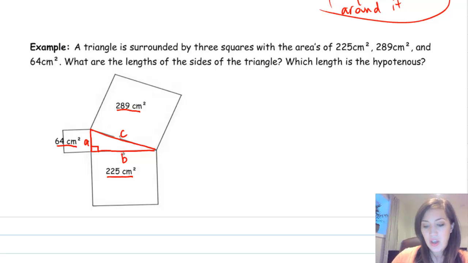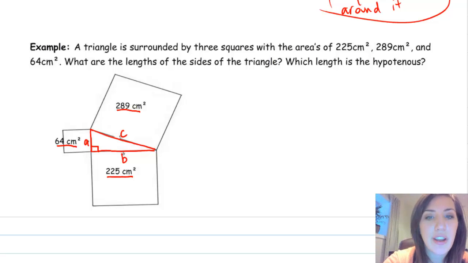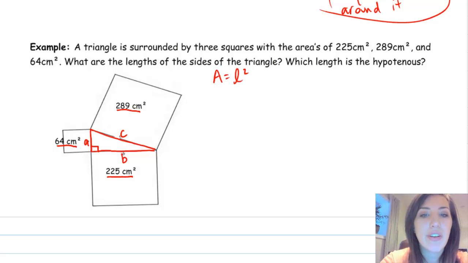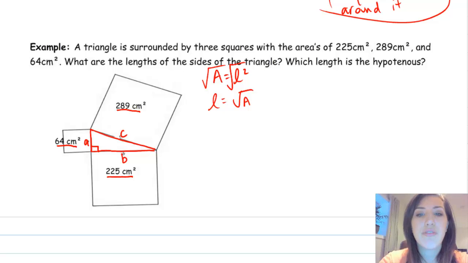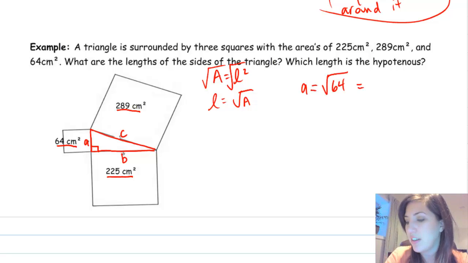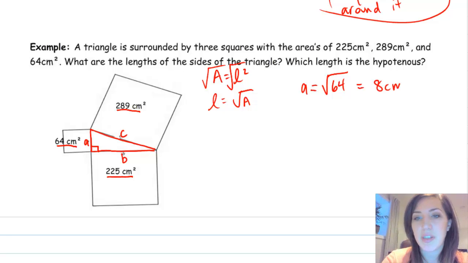To figure out a, we need to figure out what the length is based on the area. So if area equals length squared, then we can figure out, if we square root both of these, length equals square root of the area. So for the first one, the first length a equals the square root of 64. And if you type that into your calculator, you get 8 centimeters.